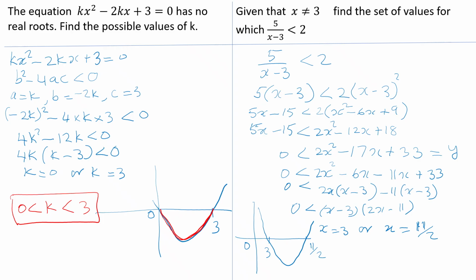This inequality is greater than 0, this part. So x less than 3, or x greater than 11 over 2.